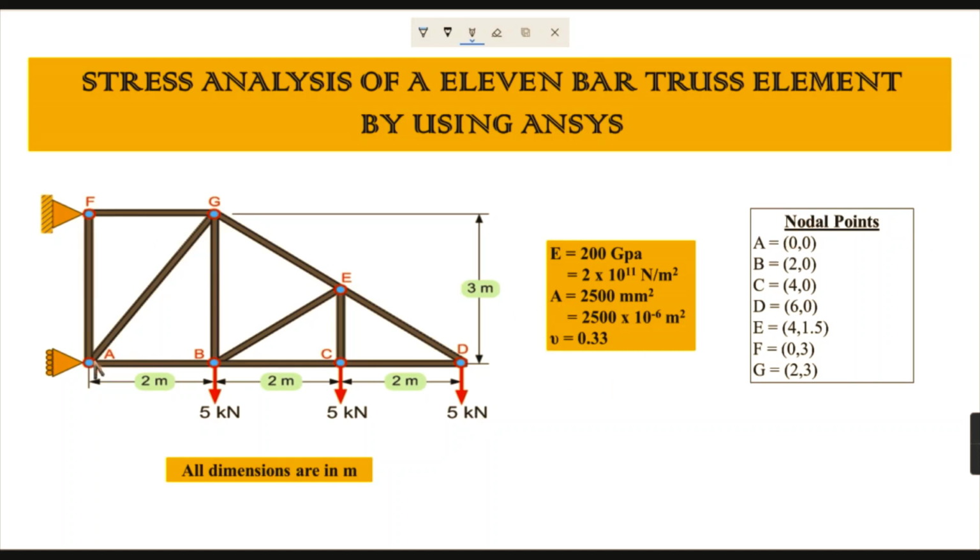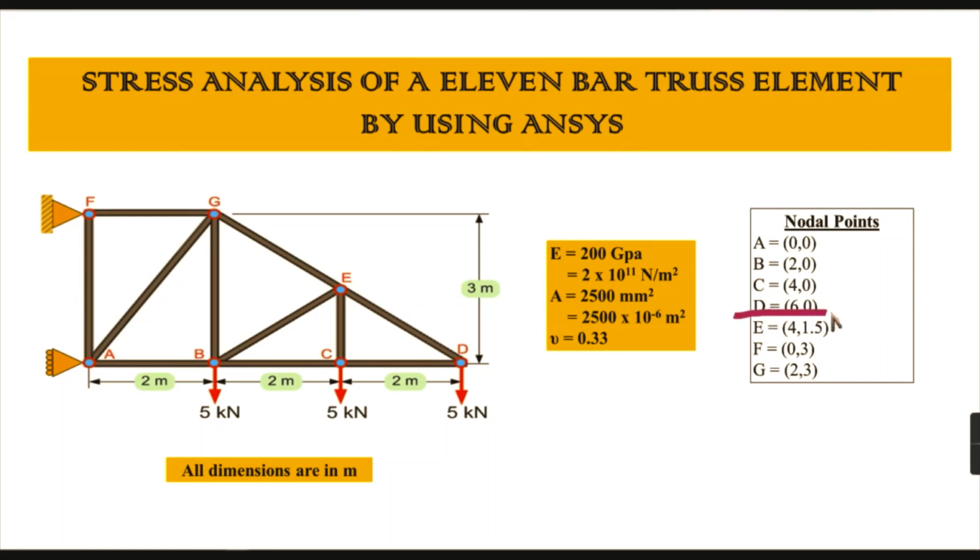So point number A is 0, 0, depending on the length and also the height. We can easily give the nodal points of A as 0, 0, and F point as 0, 3, and B point as 2, 0, and again C as 4, 0, D as 6, 0.